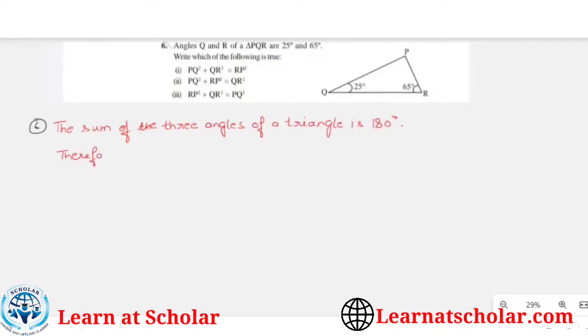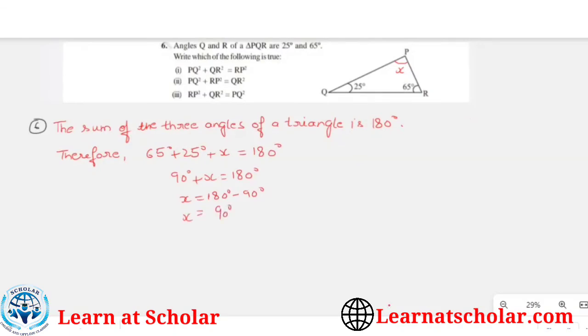So we will add 25 and 65 and find out the value of the angle P, which is x, the unknown angle. So the value of x will be equal to 90 degree. That means it is a right angle triangle.